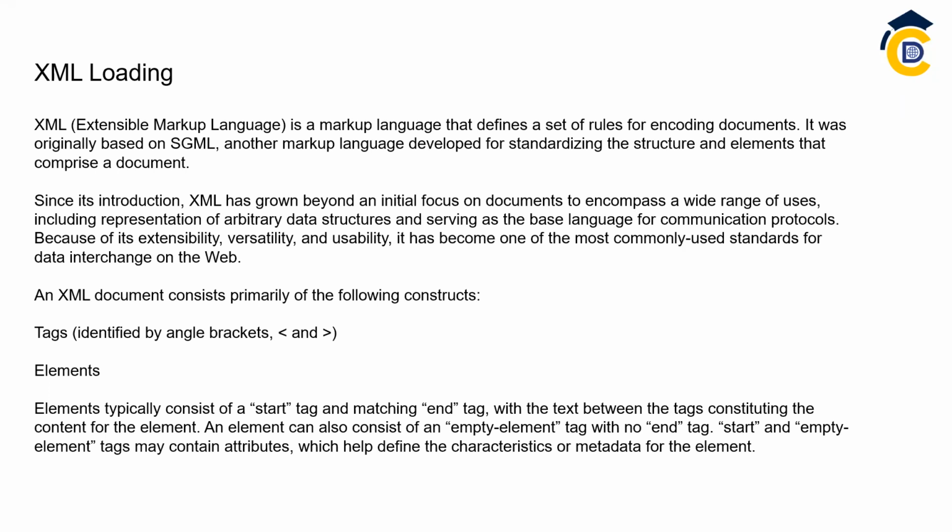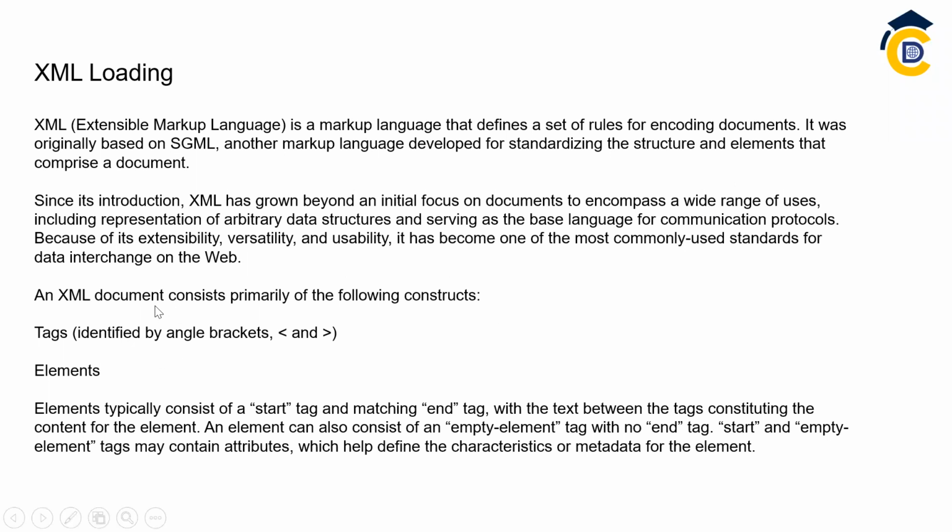As I mentioned yesterday, interactions through requests and responses between different APIs are mostly through XML. Because of its extensibility, versatility, and usability, it has become one of the most commonly used standards for data interchange on the web.